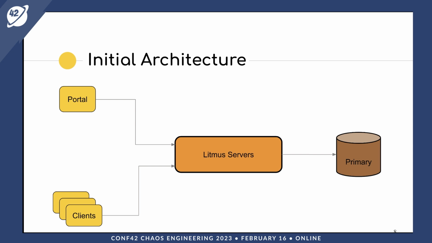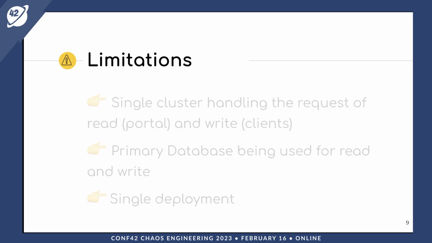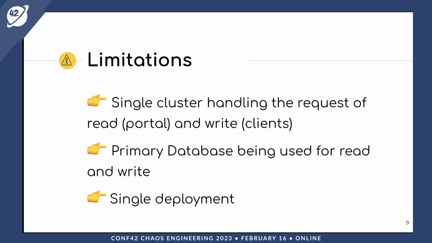You must be thinking that this is pretty naive and there are a couple of limitations here. We will be talking about those limitations in the next slide. Let's go to the next slide. So limitations. First one is a single cluster handling the requests of read and write. Right. So what is the problem here? The problem is the read throughput and write throughput are very different for Litmus. The read throughput is around 6 to 7x larger than the write throughput, right?